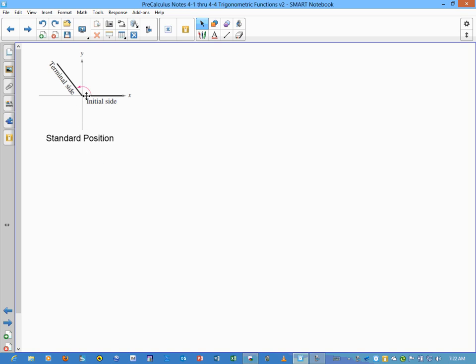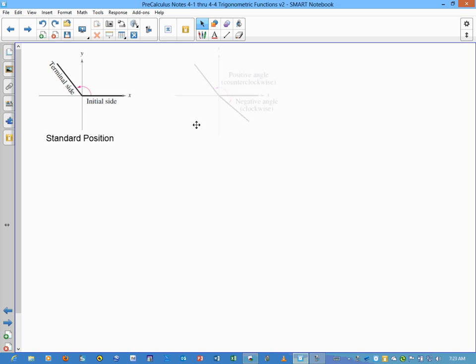And then we're going to have one of the sides, which we call the initial side, go along the positive x-axis. And then when we think about it this way, we have the initial side starts at the positive x-axis, and then our angle opens up to the terminal side, creating our angle. And this is called standard position.